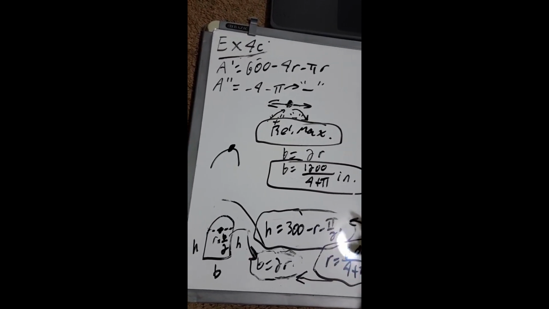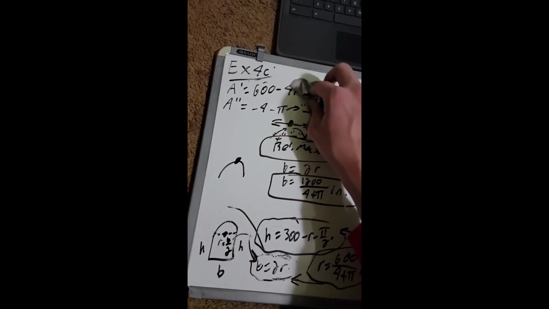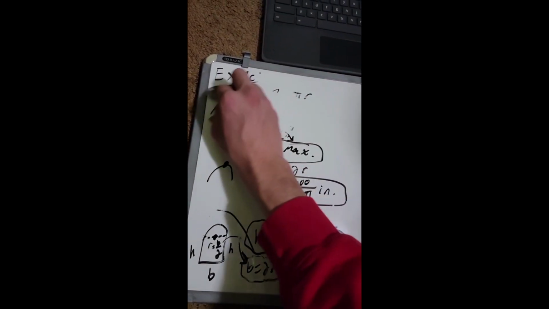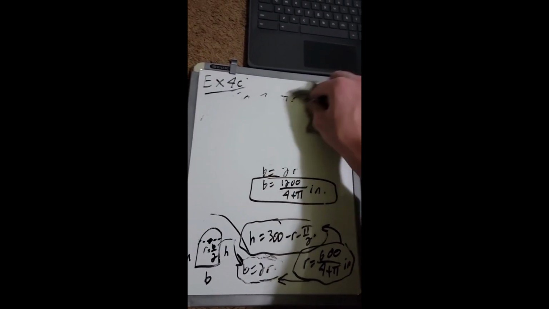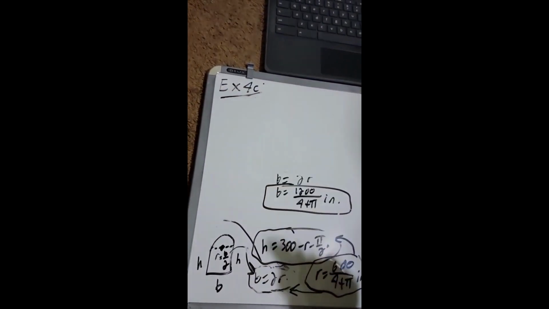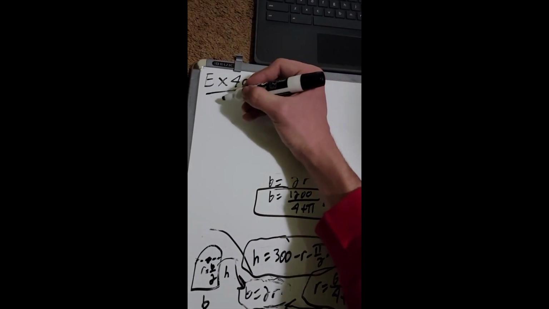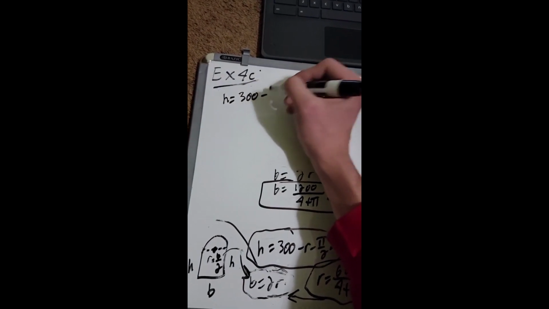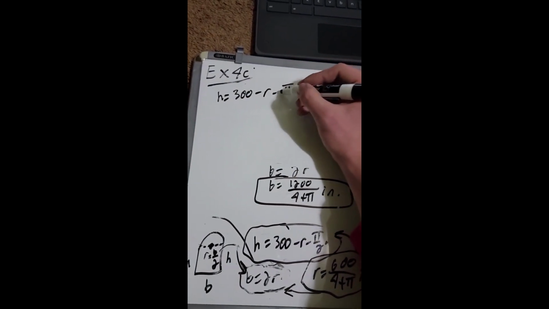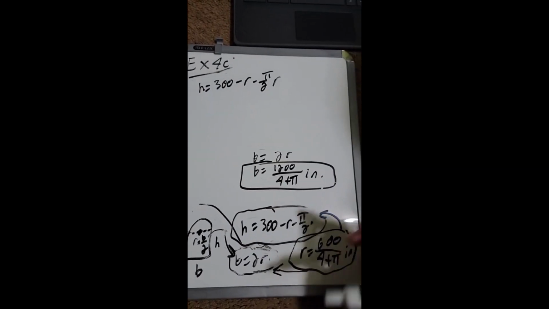And then height isn't the hardest thing in the world to find. Gonna make myself some more space. You guys probably shouldn't be erasing stuff as you go along, but I got a whiteboard, so privileges, right? H equals 300 minus r minus pi over 2r.